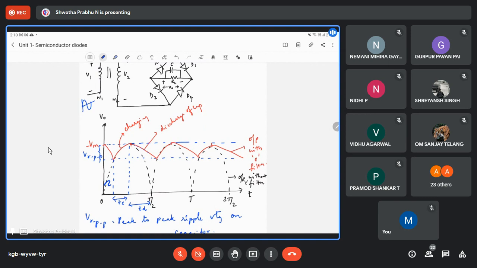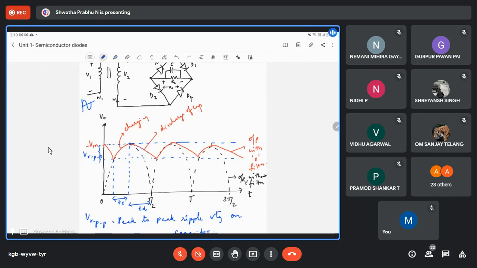Please compare the full wave bridge rectifier output along with the C filter output. During the positive half cycle, diodes D1 and D2 conduct. As a result, it charges the capacitor to the peak value Vm up to here.